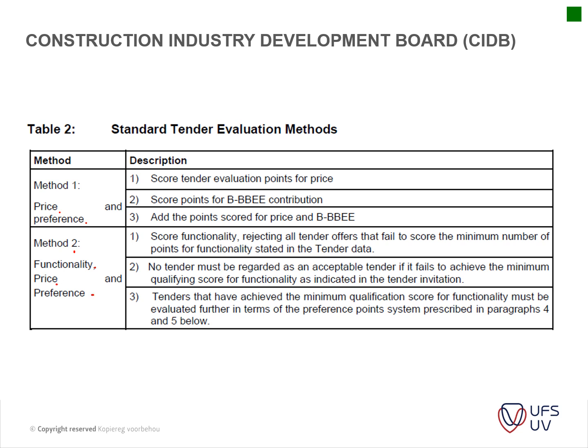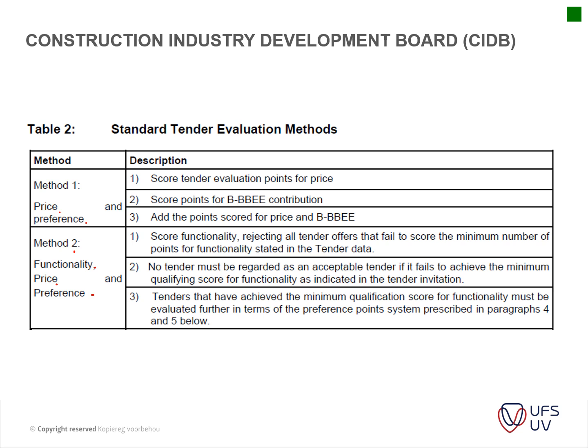So in short, the summary is basically, if it's price and preference, it's only your price and then your BE status. When it's your method 2, which is the one that I've been involved in most, you have your functionality and then you've got your price and preference.